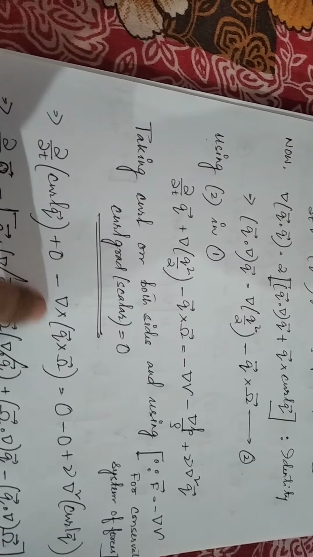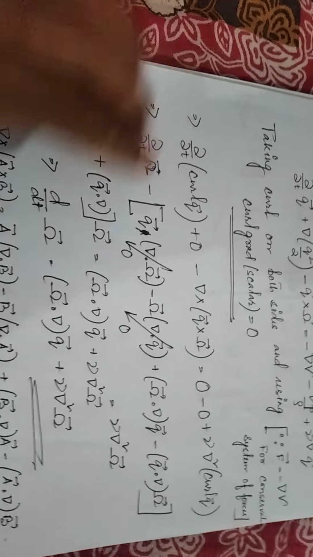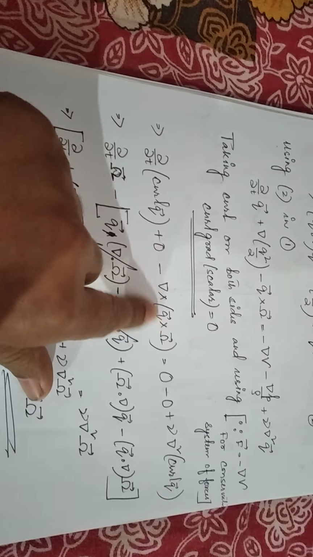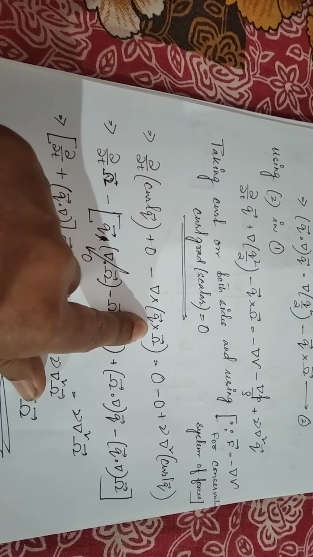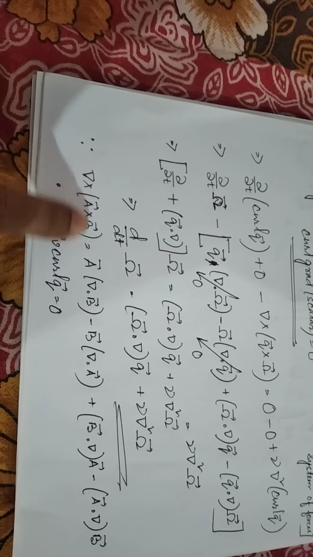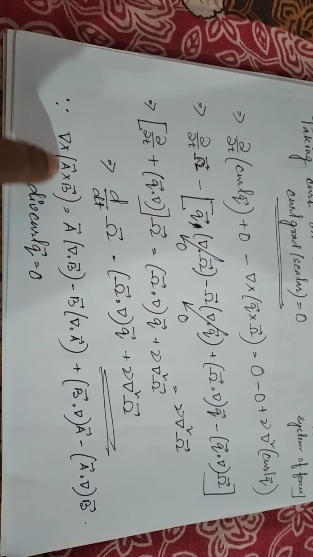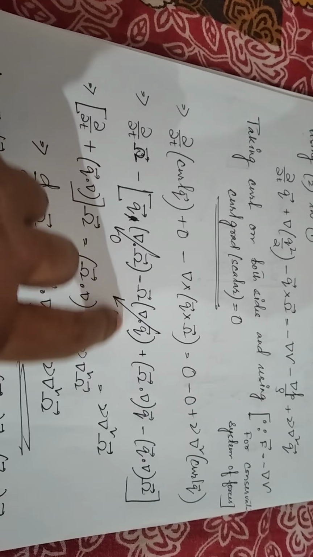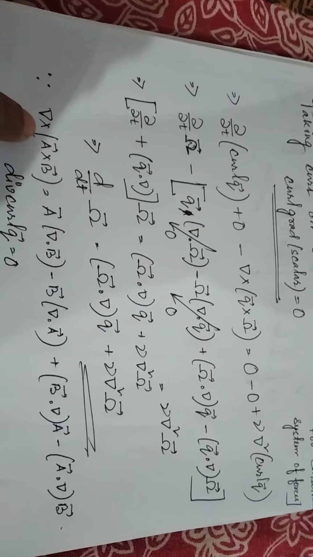Now for this part we are taking curl, and on the last part, we are using another vector identity like this one. Yes, this is the vector identity. You can verify it.